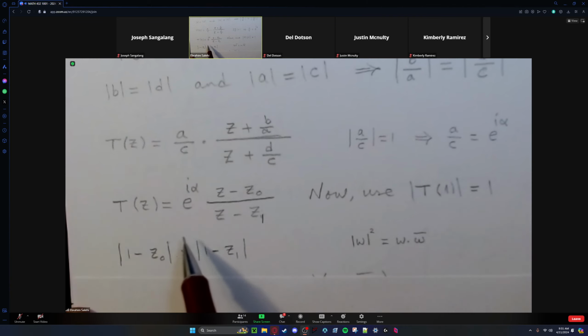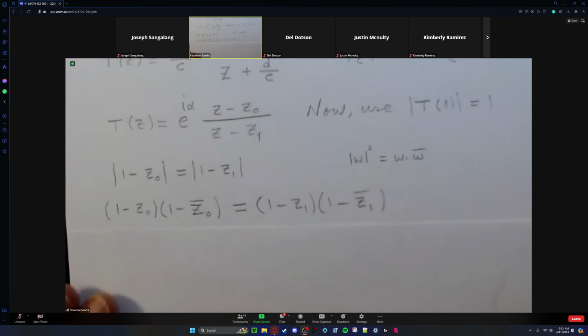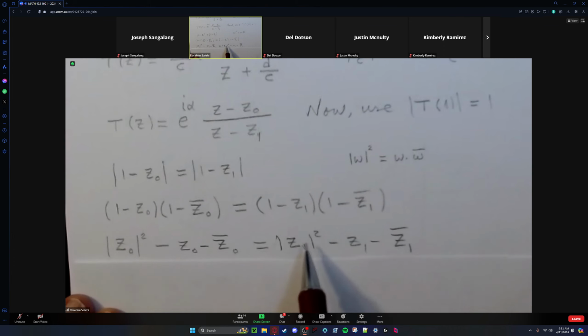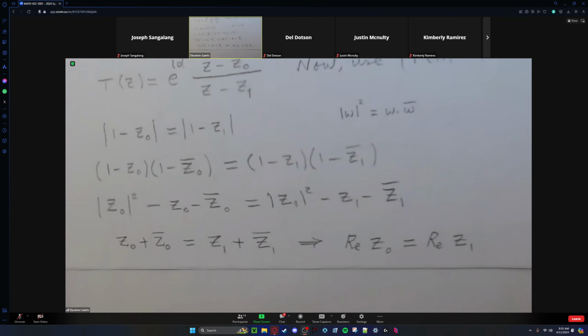So the modulus, if I plug 1 in, if you multiply this out, this is what you get, right? This is 1 and 1 that goes out. So this equals that one. But when you add a complex number with its conjugate, you get the real part.